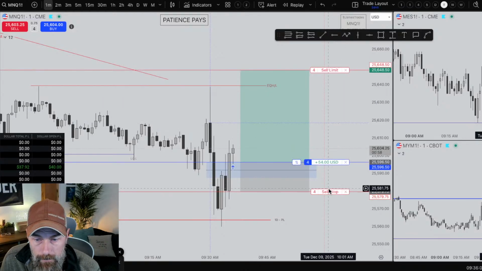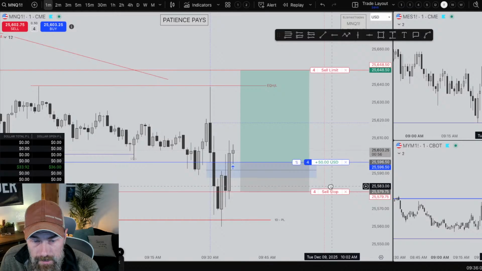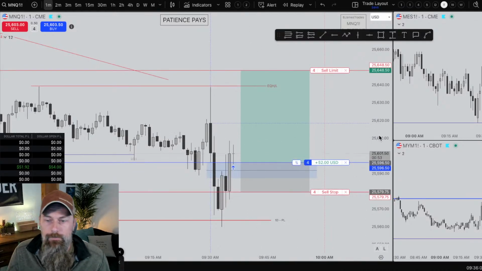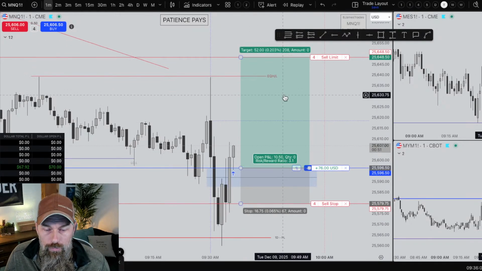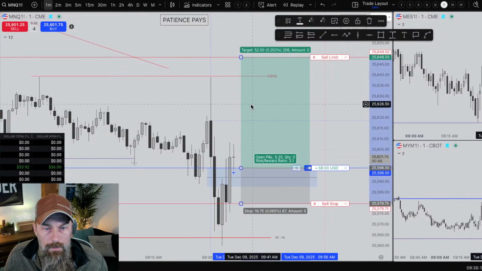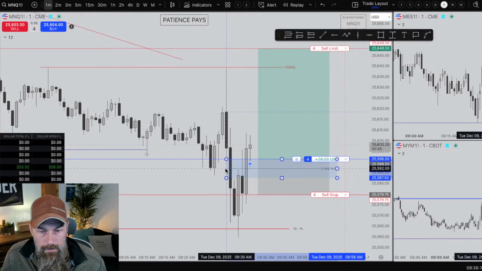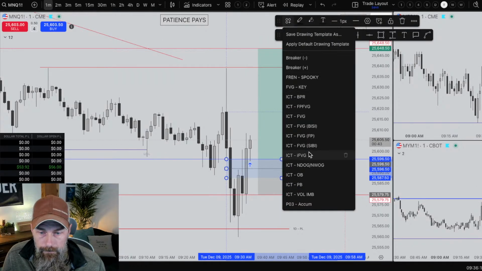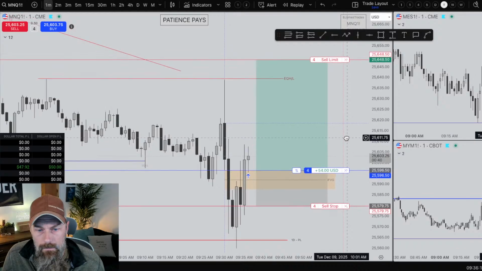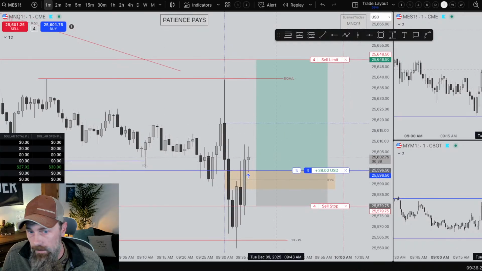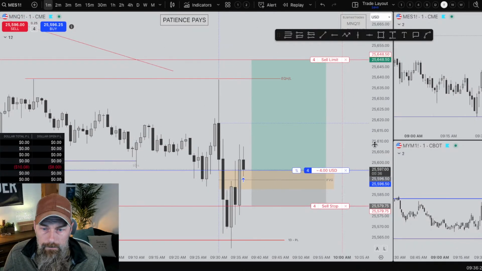All right, so limit order, tapped into it. Let's see it push. We got this inversion right there. And we let her ride. Come on, NQ, let's go.